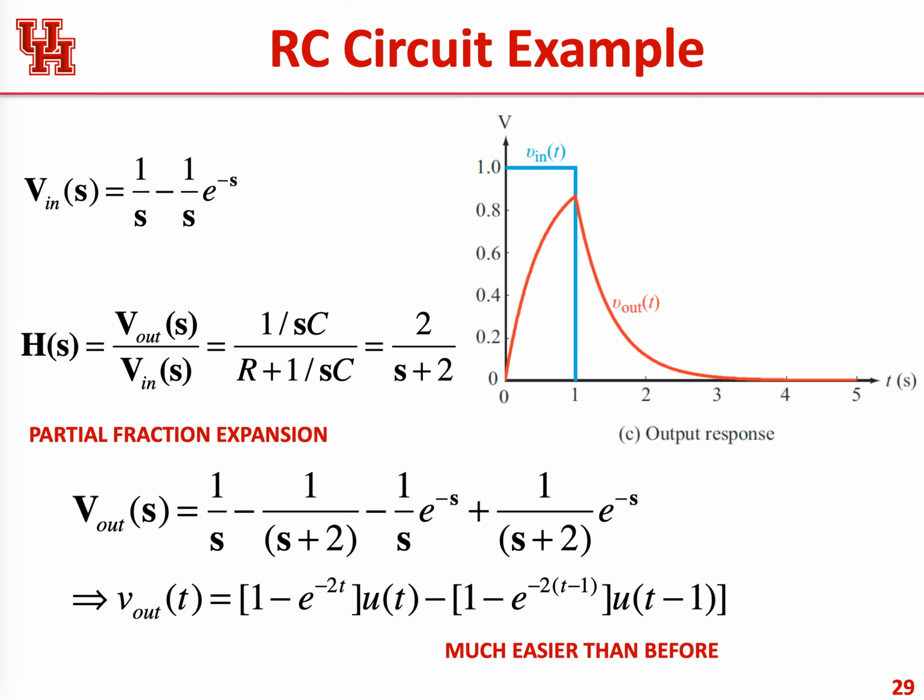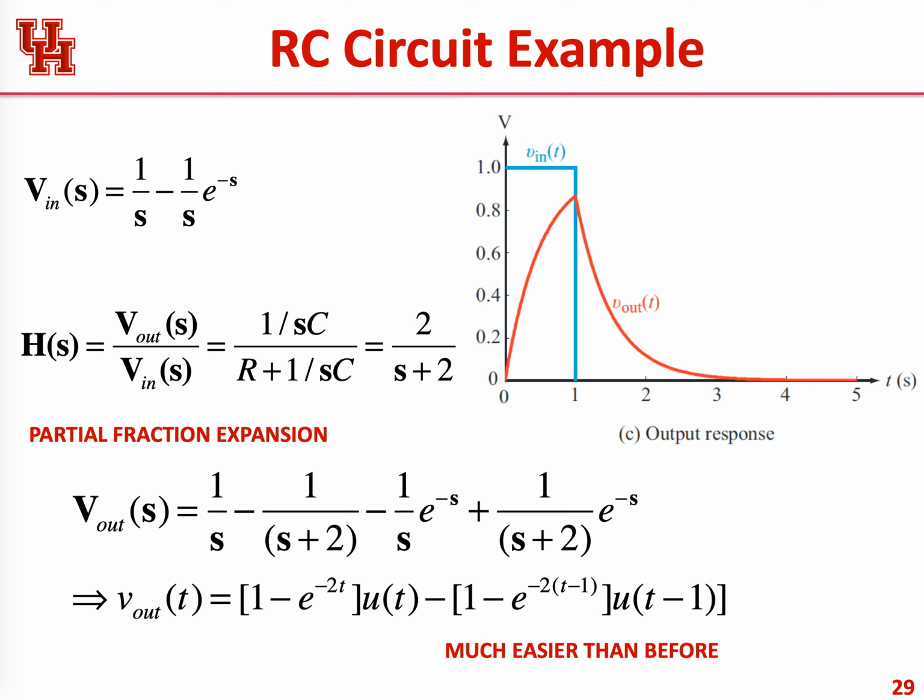So this is going to give me u(t minus 1), plus a delay of a frequency-shifted version. I'm going to take e to the minus 2t u(t) and delay that, so we get e to the minus 2(t minus 1) u(t minus 1).